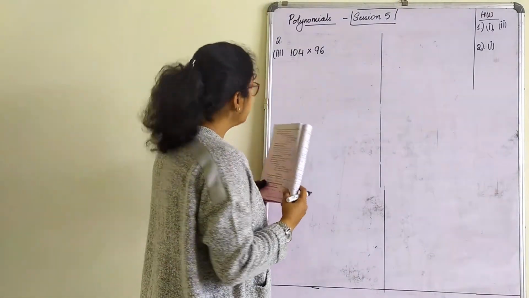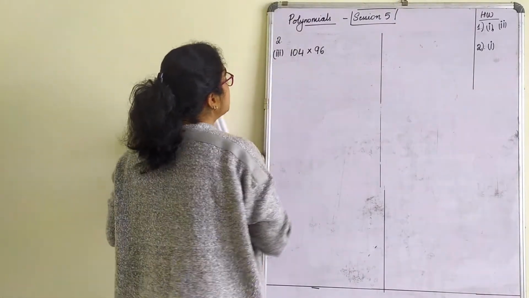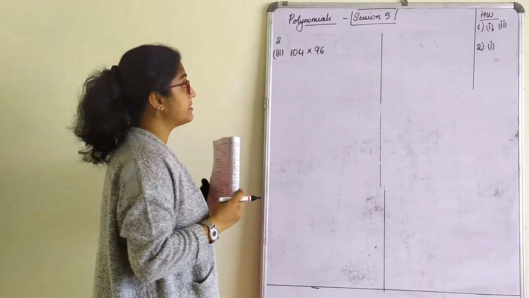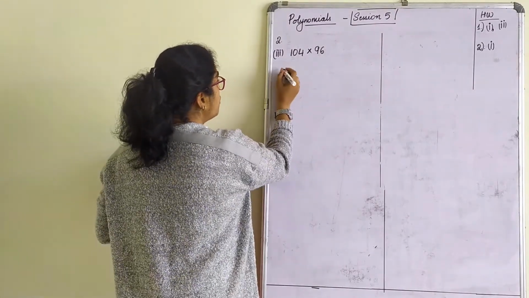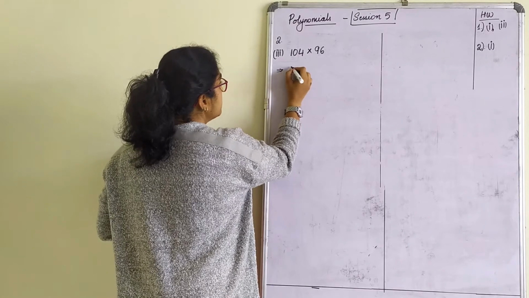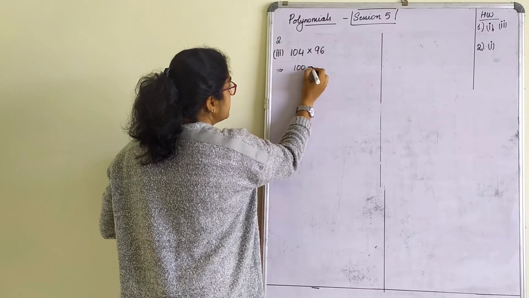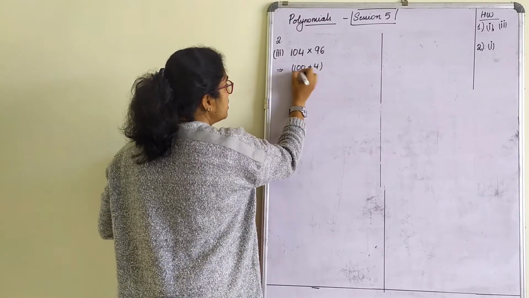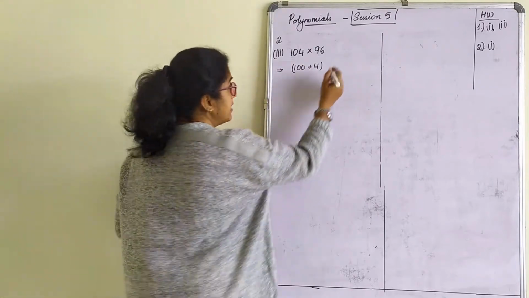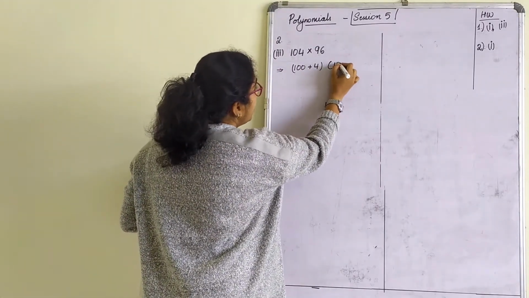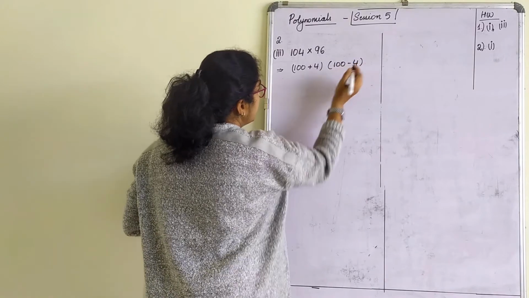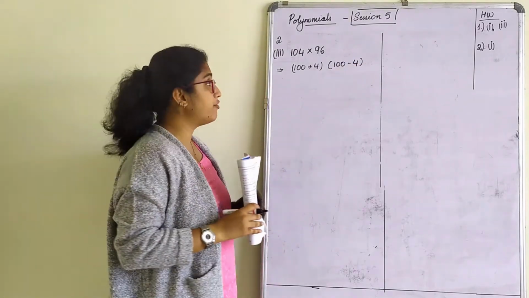So the third one we will do is 104 into 96. Now 104 can be written as 100 plus 4, and 96 can be written as 100 minus 4. Now see here, we need to be very careful in doing this.